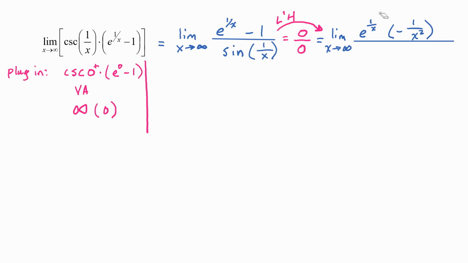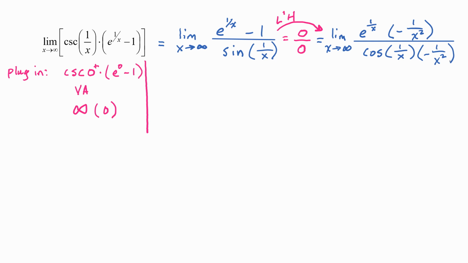In the denominator, the derivative of sine of some stuff is going to be cosine of the stuff. Chain rule says take it times the derivative of the stuff, which would be negative 1 over x squared.